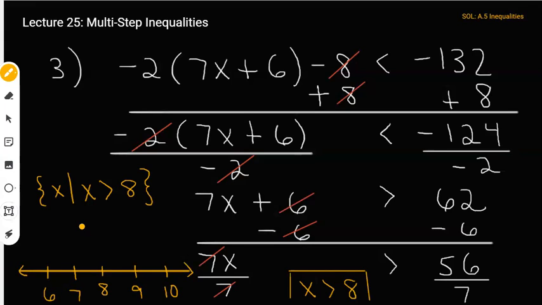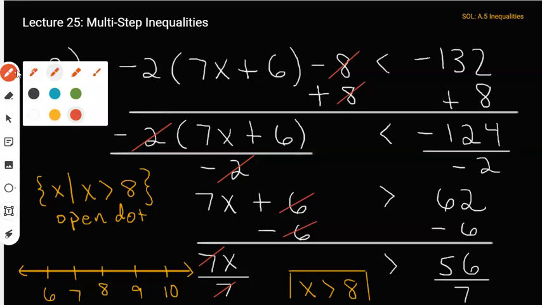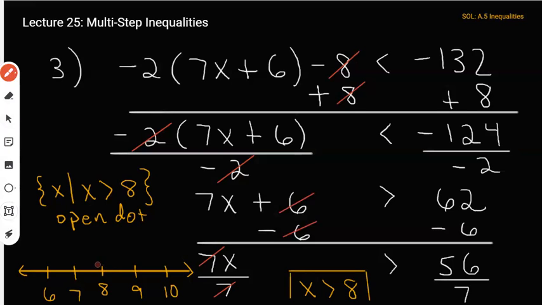So am I going to use an open dot or a closed dot? Open. Yep. So I'm going to put an open dot over the 8 like this. And since it's open, I'm not going to color it in because I need it to be open.